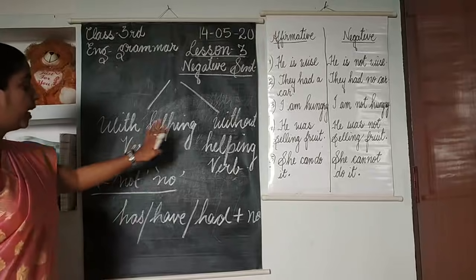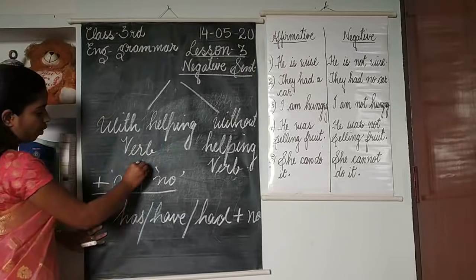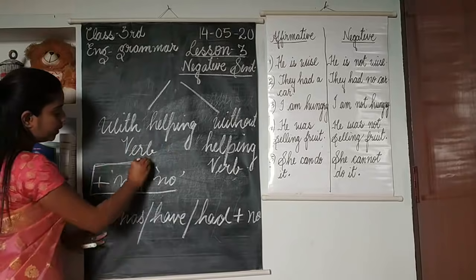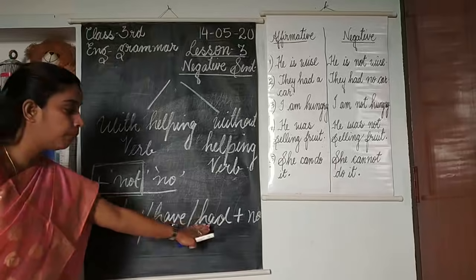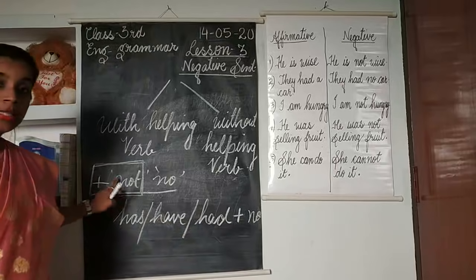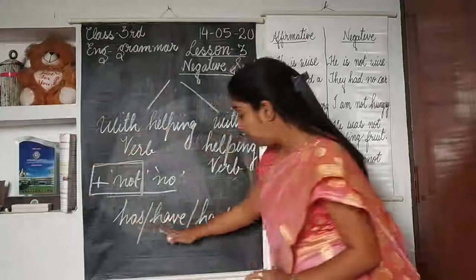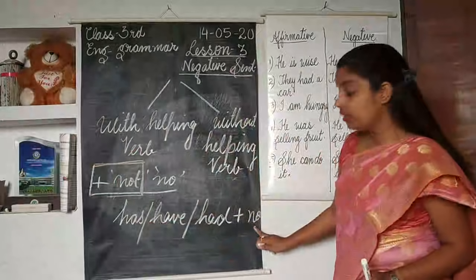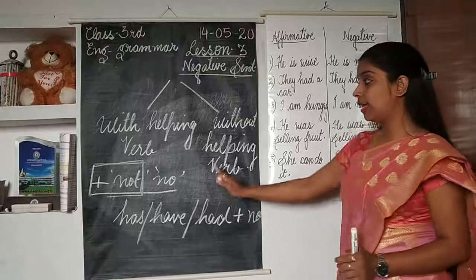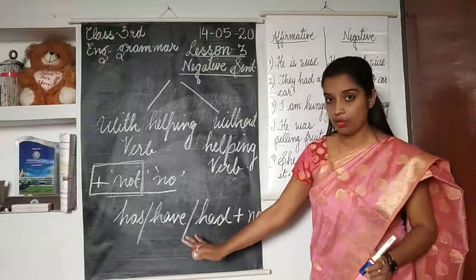And with the rest of the helping verbs, you need to add not. If any helping verb other than these three is in a sentence, you will add not there. And if any of these three helping verbs is present, you will add no. This I told you in my previous session also.